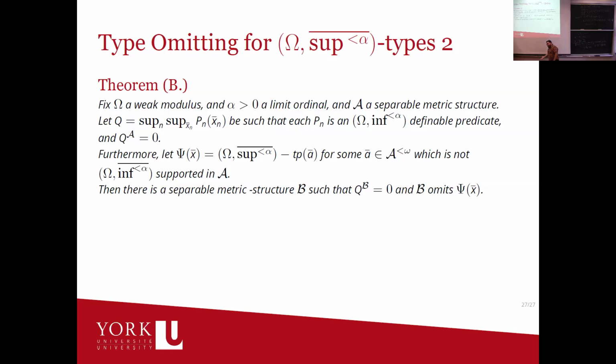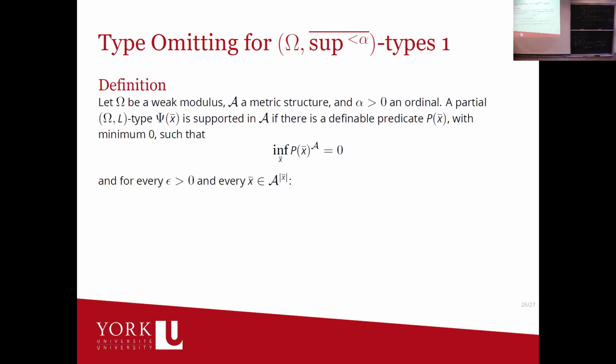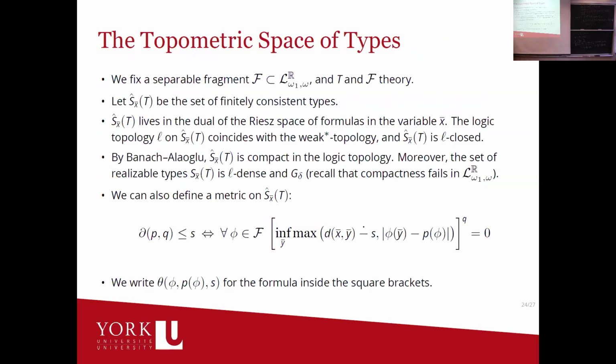And essentially, why? Because I want to make a Henkin construction with inf alpha formulas. But in that Henkin construction, I want to say, hey, this Henkin constant is not close to a realization of P. But if you remember, then I will have to use this formula, which increases the complexity.